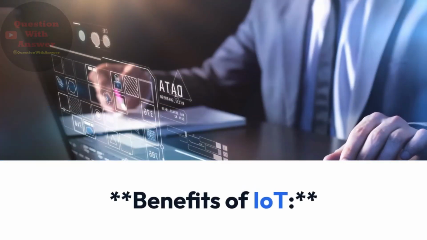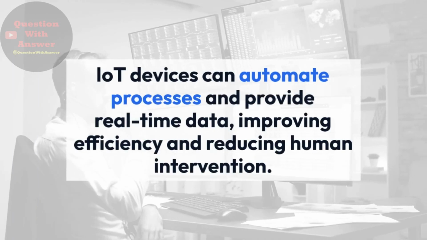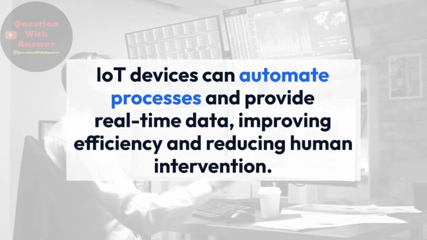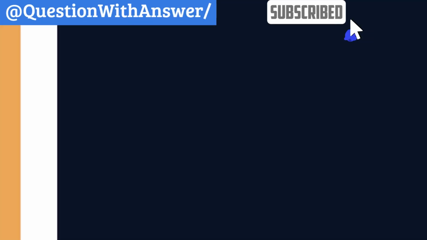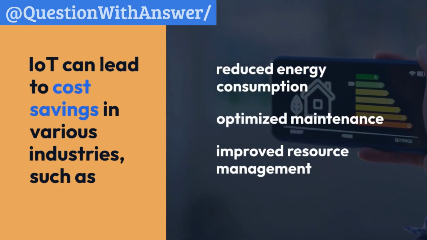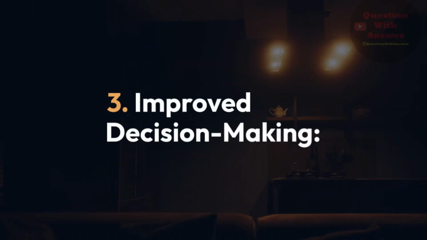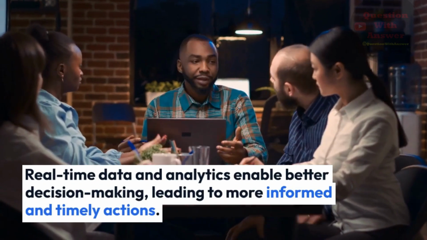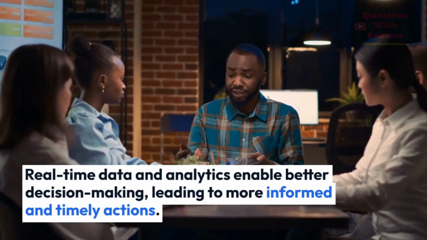Benefits of IoT. 1. Efficiency. IoT devices can automate processes and provide real-time data, improving efficiency and reducing human intervention. 2. Cost savings. IoT can lead to cost savings in various industries, such as reduced energy consumption, optimized maintenance, and improved resource management. 3. Improved decision-making. Real-time data and analytics enable better decision-making, leading to more informed and timely actions. 4.